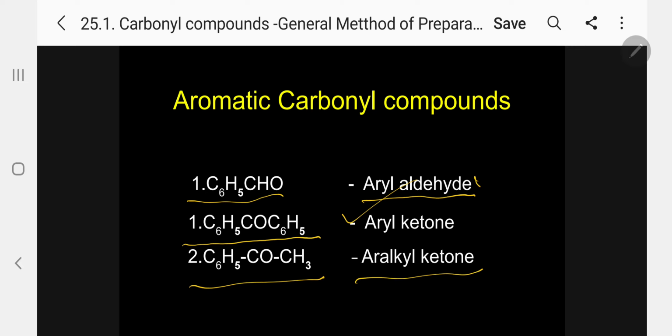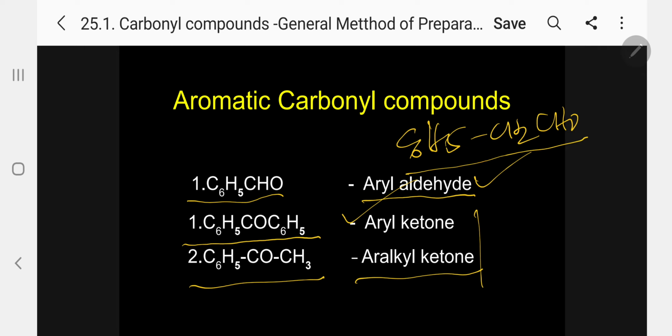Kindly follow. Aldehyde has only one type, but in the case of ketone there are two possibilities. Even for alkyl aldehyde, if you want an example, this is the example. This is an alkyl aldehyde, actually nothing but 2-phenyl acetaldehyde.